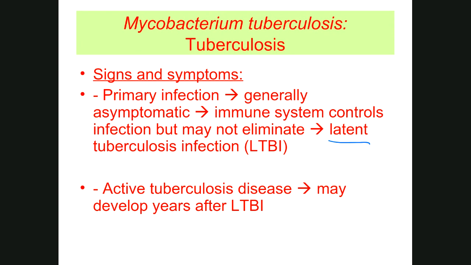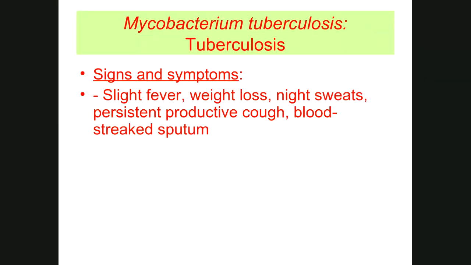Once a latent tuberculosis infection is established, the infection may or may not move on to cause an active tuberculosis disease. And it may take many, many years before the active tuberculosis sets in. So signs and symptoms are going to be a low-grade fever, weight loss, night sweats, persistent productive cough, meaning that a lot of phlegm comes out, oftentimes with a little bit of blood in the cough.